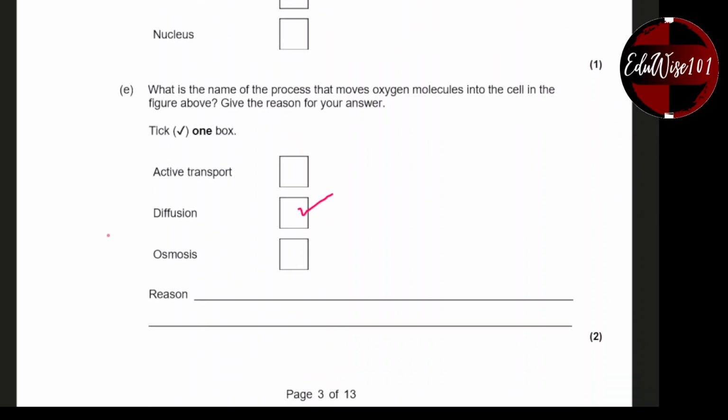So oxygen molecules move from high to low concentration.